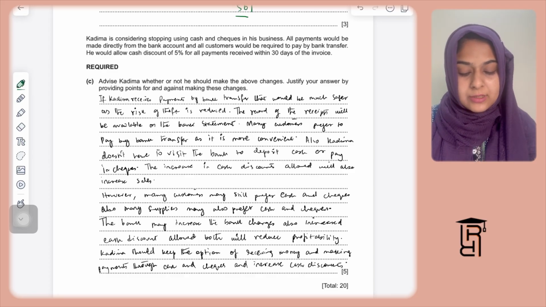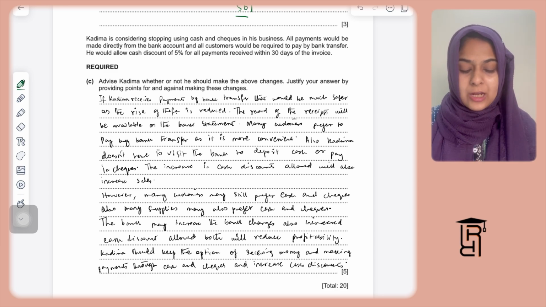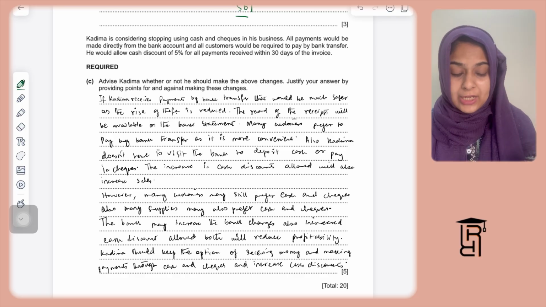However, many customers still prefer cash and checks. Also, many suppliers may prefer that the amounts are received in cash and checks.